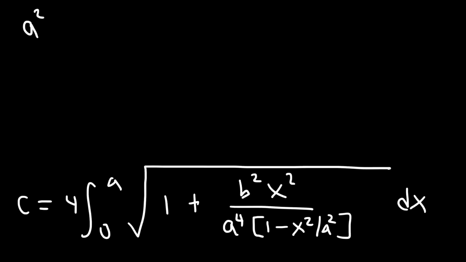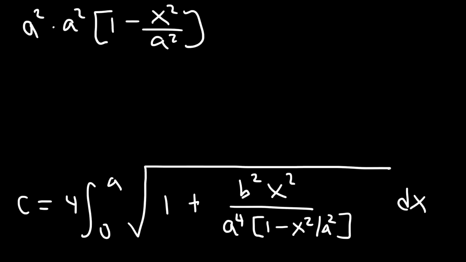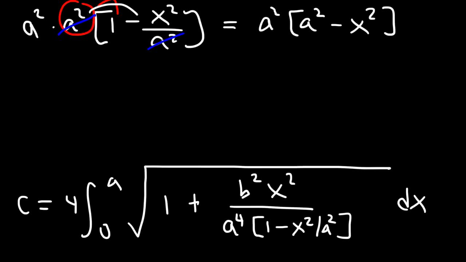A to the fourth, I'm going to write it as a squared times a squared. And then I'm going to distribute one of the a squareds. So a squared times 1, that's going to be a squared on the inside. And then a squared times x squared over a squared. These two will cancel, and so I'm going to get negative x squared. So let's rewrite it like that.